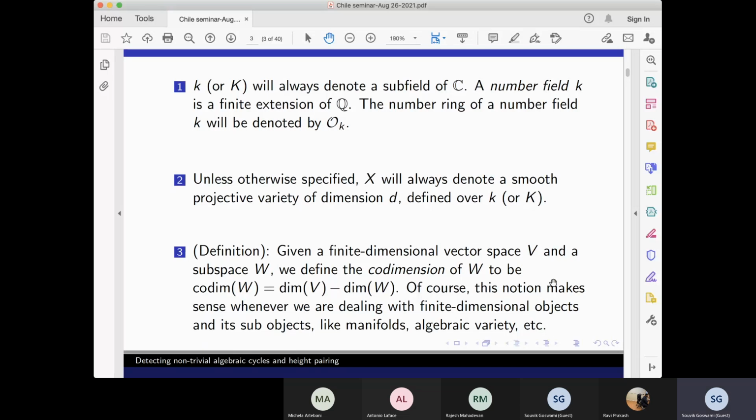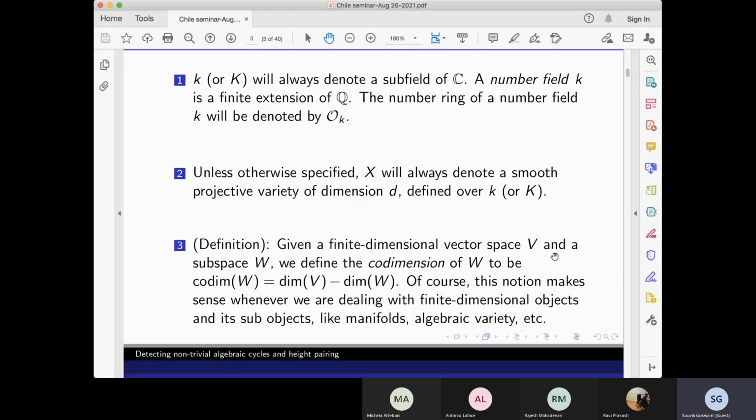Another convention: given a finite dimensional vector space V and a subspace, we define the codimension of the subspace to be the difference between the dimension of V and the dimension of the subspace. This makes sense whenever we are dealing with finite dimensional objects. For example, for a manifold and a submanifold, you can talk about the codimension of the submanifold. Similarly for algebraic varieties, and mostly we will stick with algebraic varieties.